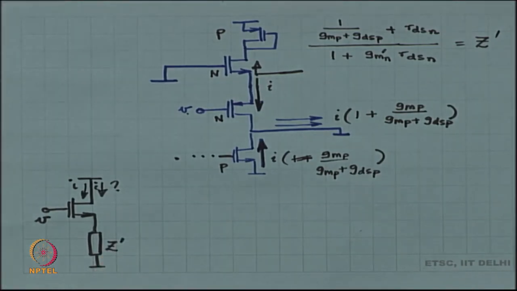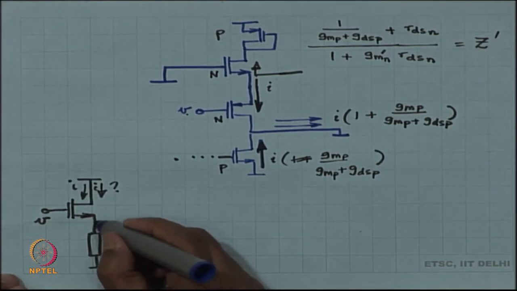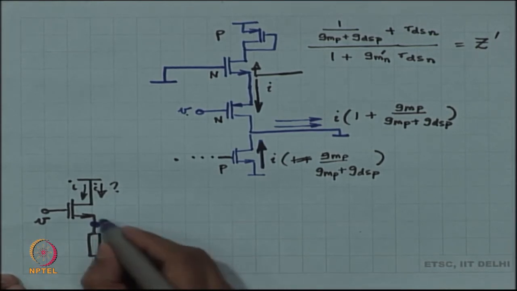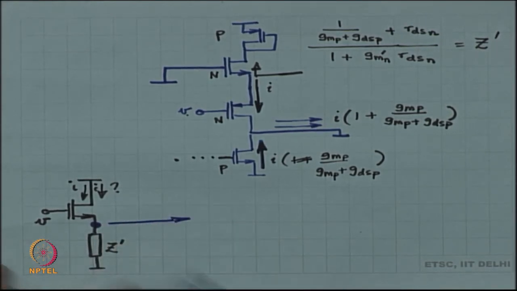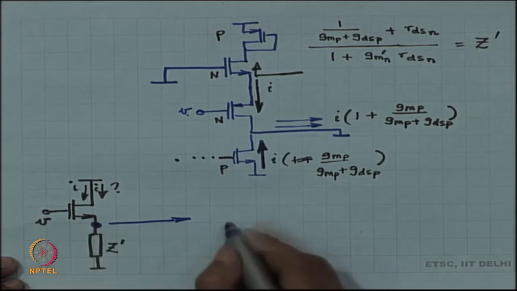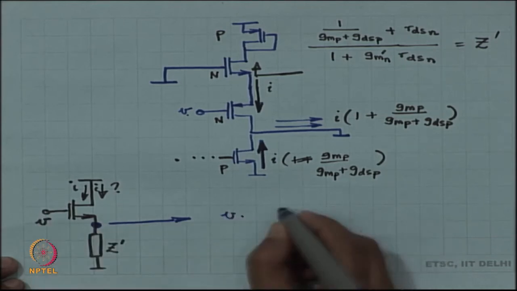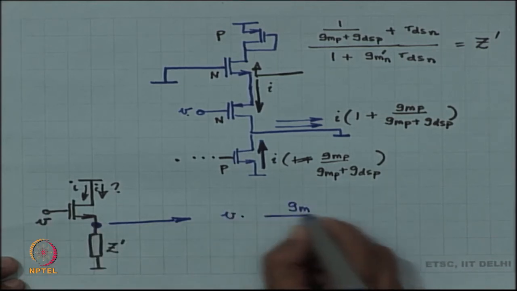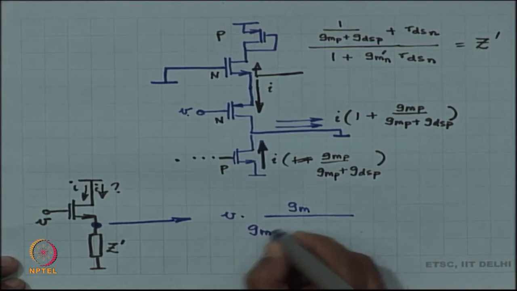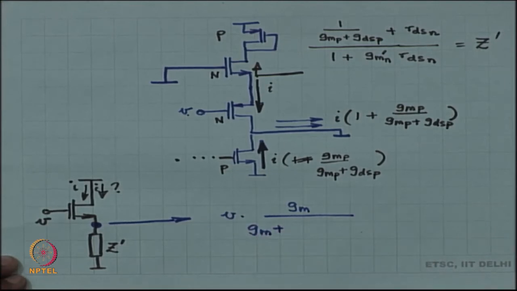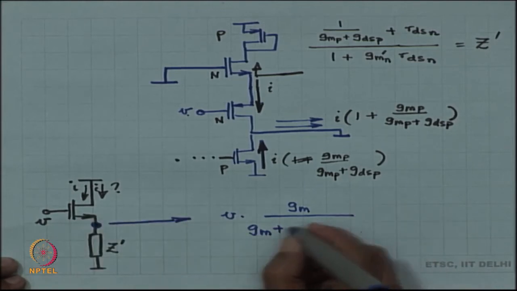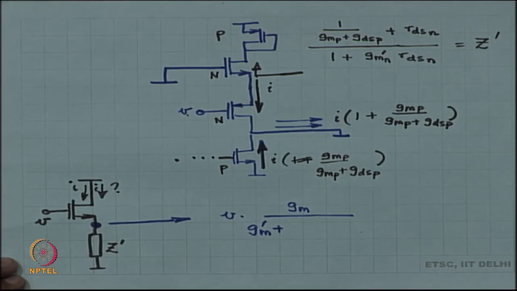This is the common drain circuit, and we know how to solve this because we know the voltage over here. What is the voltage over there? The voltage has an approximate gain of 1. So, if this is V, the voltage over here is V times GM by GM plus non-idealities. The biggest non-ideality over here is GMB, which makes this GM prime, GM plus GMB.